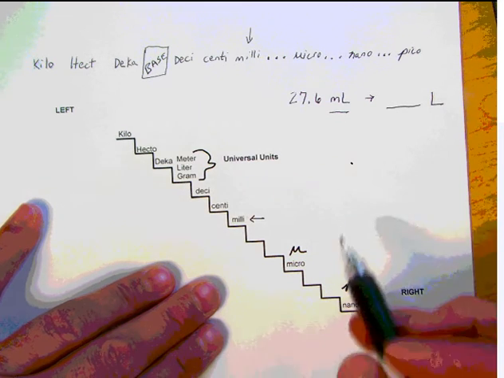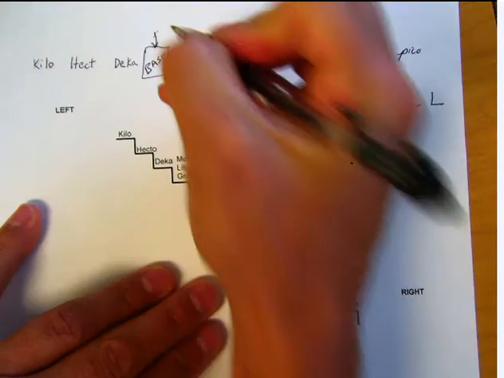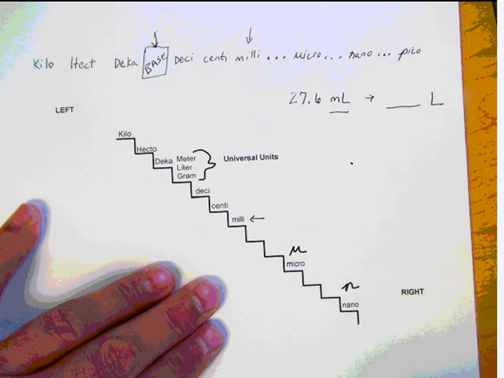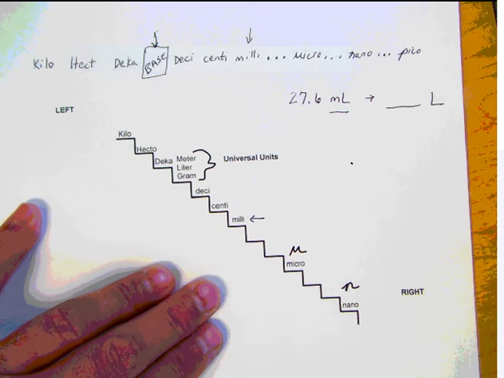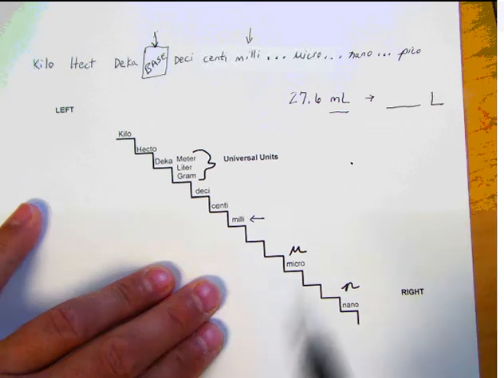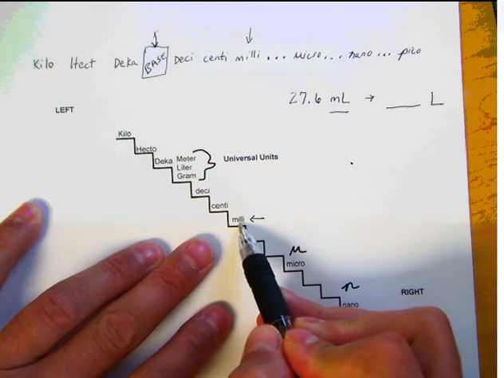The base unit liter is always going to be found at this spot. It doesn't matter what scientific unit it is. Again, meters, liters, grams, joules, watts, any scientific measurement you can put there. So we start at milli, and we're going to universal units or base units.